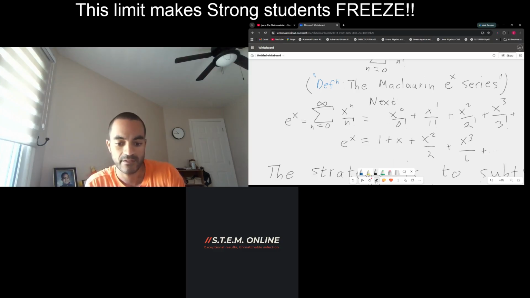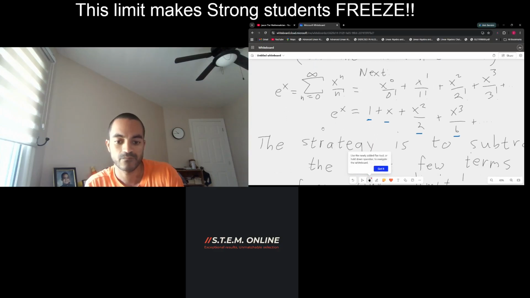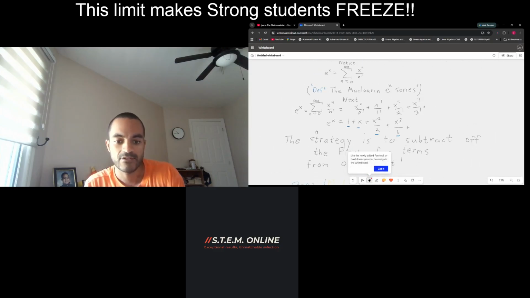Then plus x, because x is x to the 1 over 1 factorial, and then x squared over 2 factorial is x squared over 2. Then we add x cubed over 3 factorial, which is x cubed over 6, plus dot dot dot. And you can see we got our expansion of e to the x.